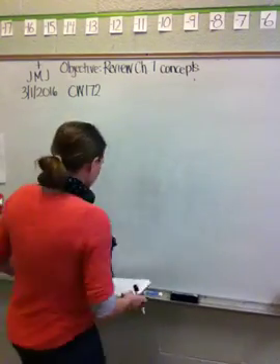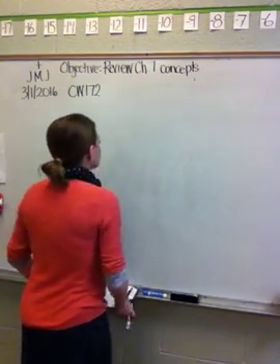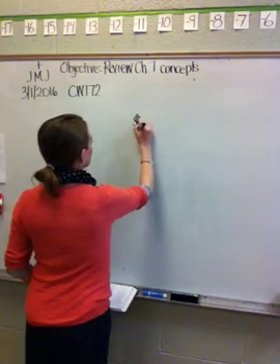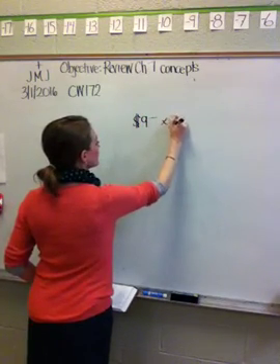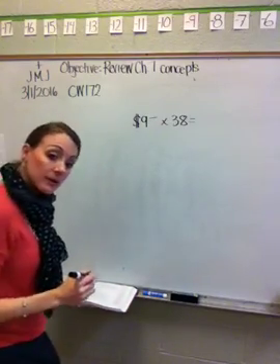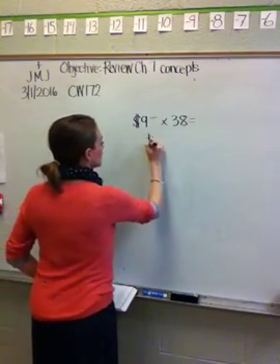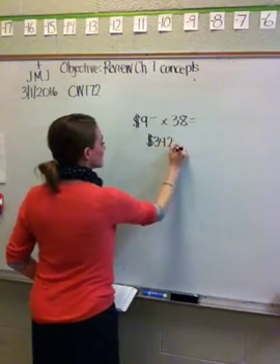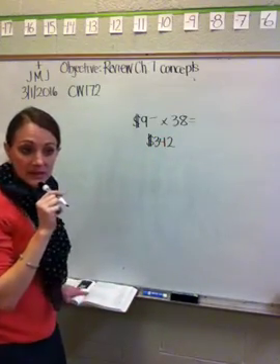So, she makes $9 an hour. $9 times her 38-hour work week is what? You need to calculate. 342. So she makes $342 a week. Does that make sense?